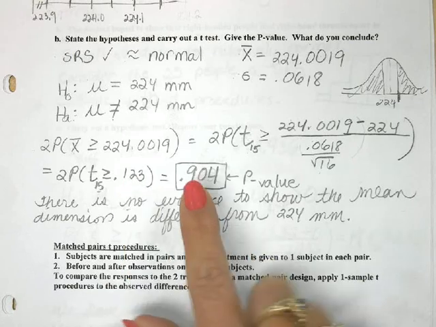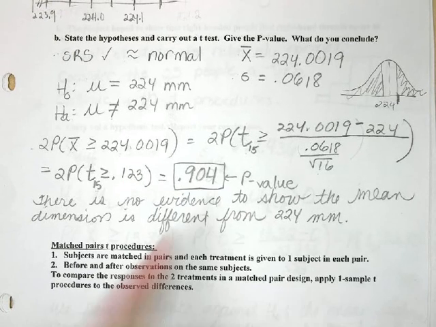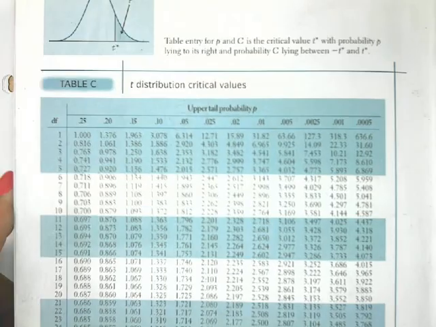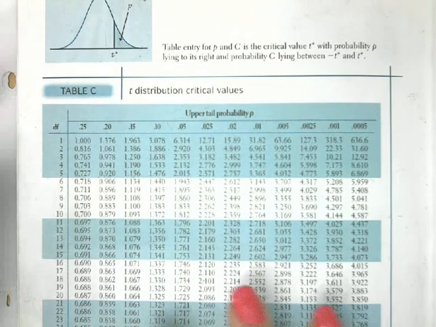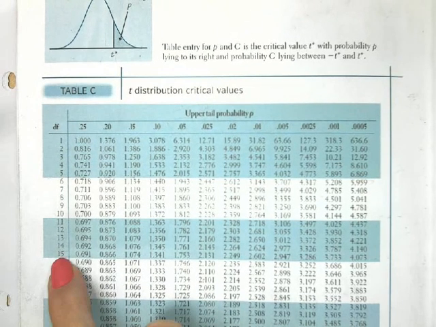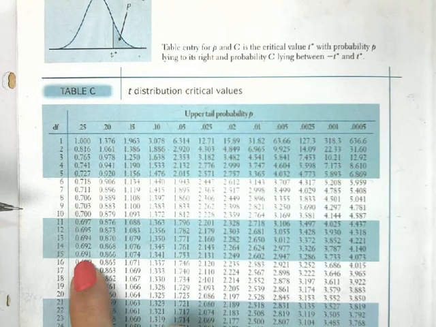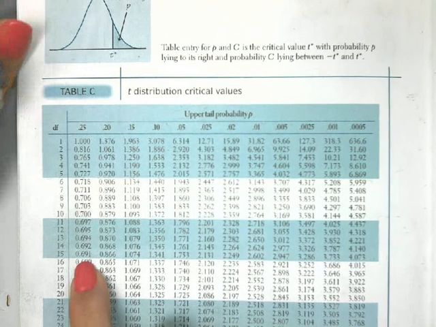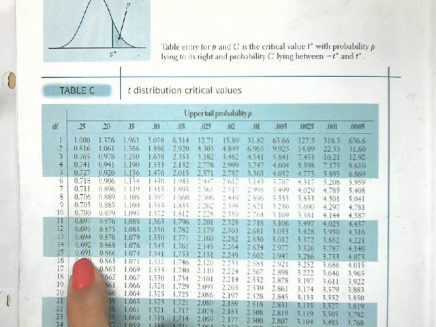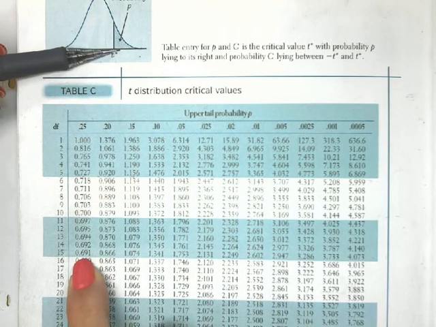I'll show you how to use your calculator in a second to determine this, but if we use the back of the book, we actually can't find this probability. Okay, so I go here, and I look at my table for 15 degrees of freedom. These are the test statistics in here. The smallest test statistic I have is a 0.691. And that corresponds with an upper tail of 0.25.